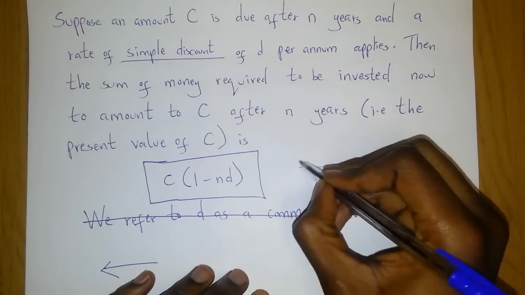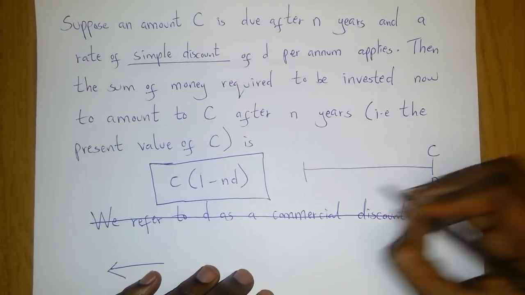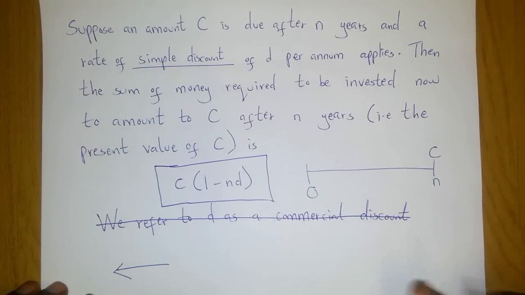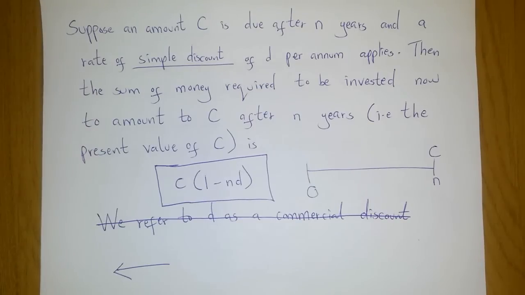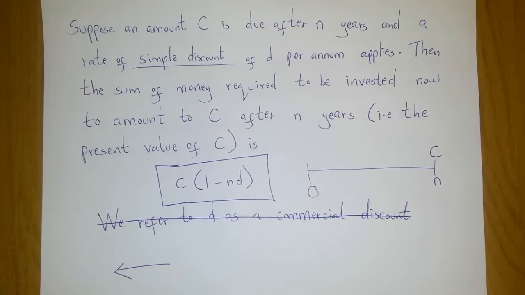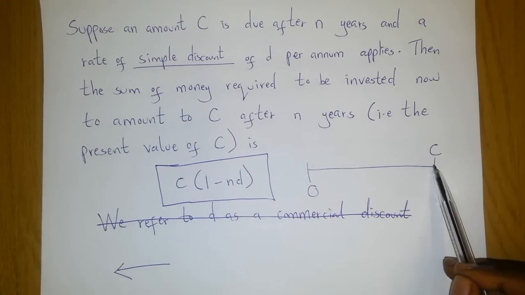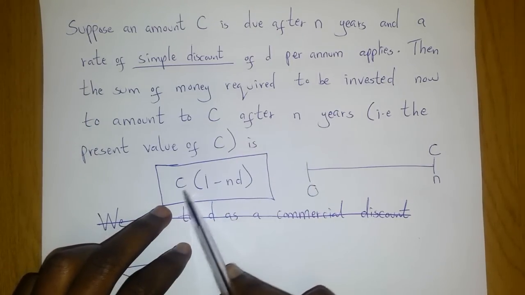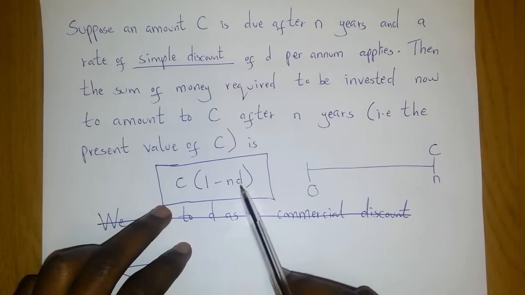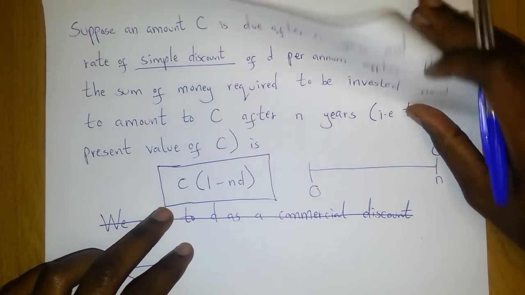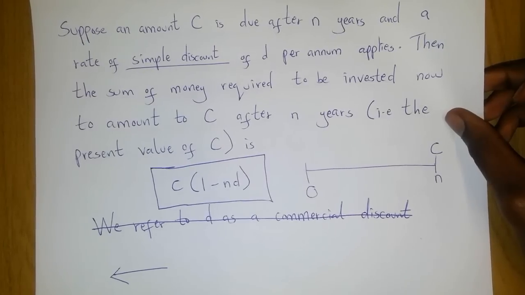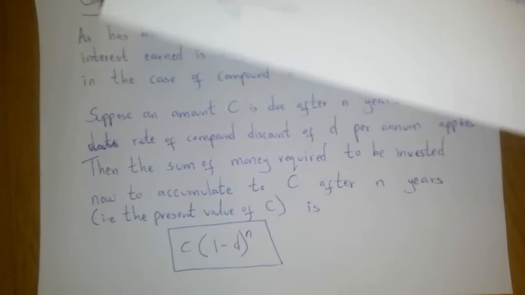You need to pay an amount C at time n at a rate of simple discount of d per annum. Then the sum of money required to be invested now to amount to C after n years, i.e. the present value of C, is given by this formula, where C is the amount invested, n is the number of years, and d is the simple discount rate. I will do a few examples in another video to help you understand this idea better.